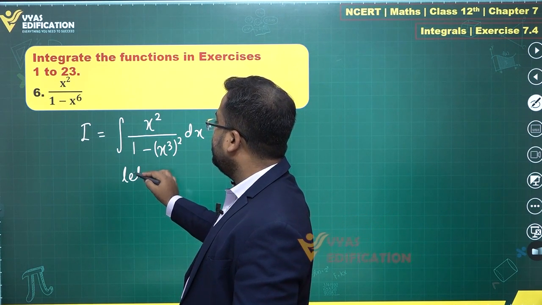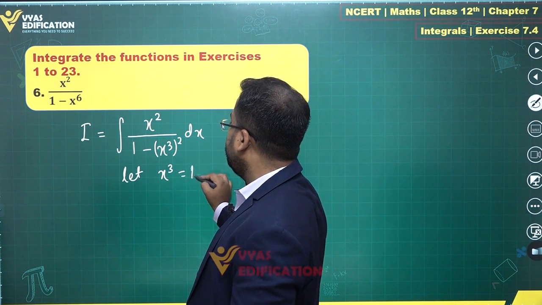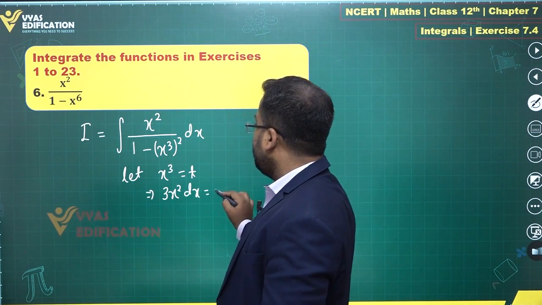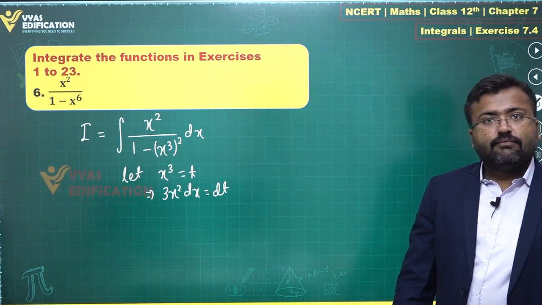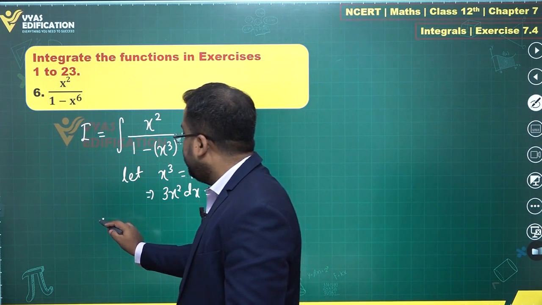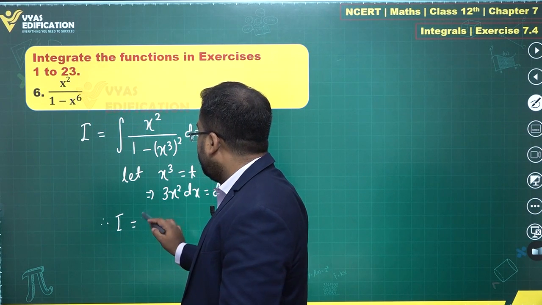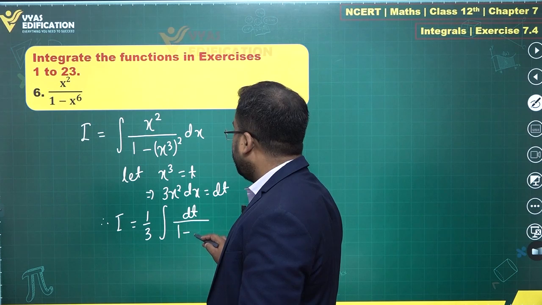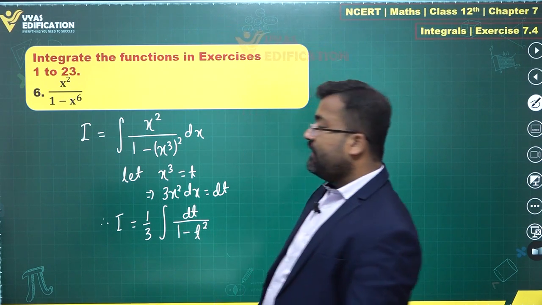And we'll assume let x power 3 is equal to t. That tells me 3x square dx is equal to dt. So x square dx can be replaced by dt. Therefore, I becomes equal to 1 by 3 with dt. In the denominator, you will get 1 minus t square.